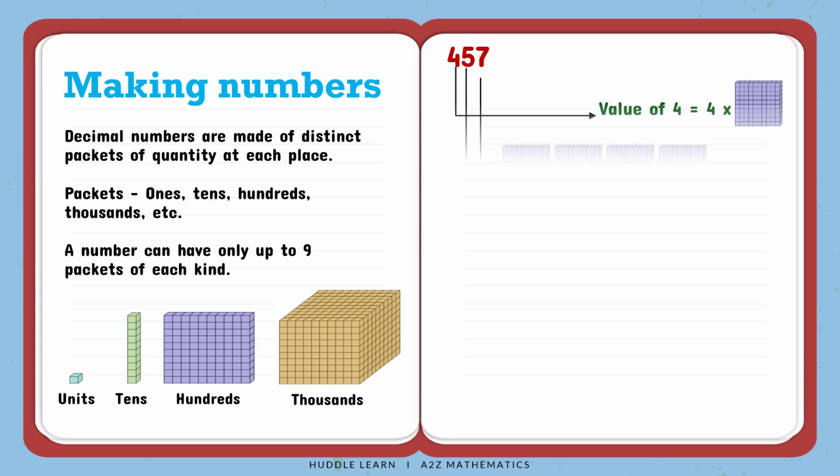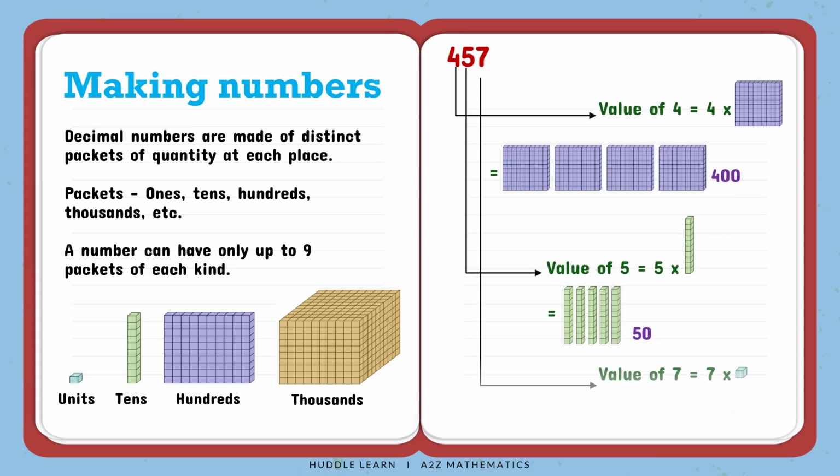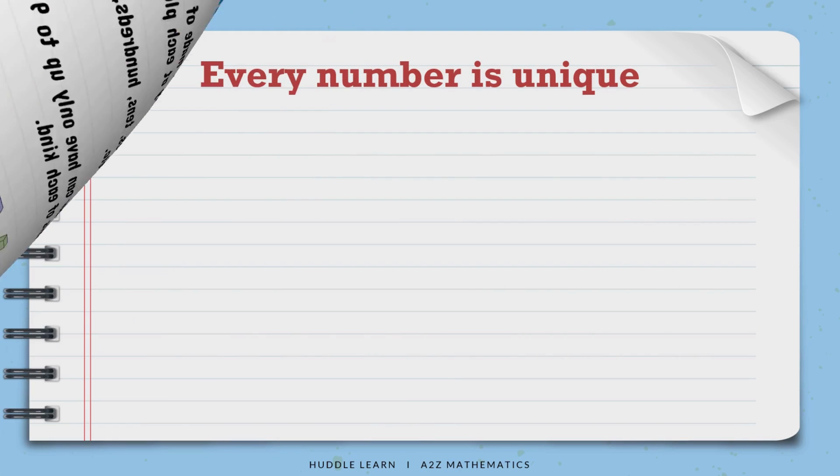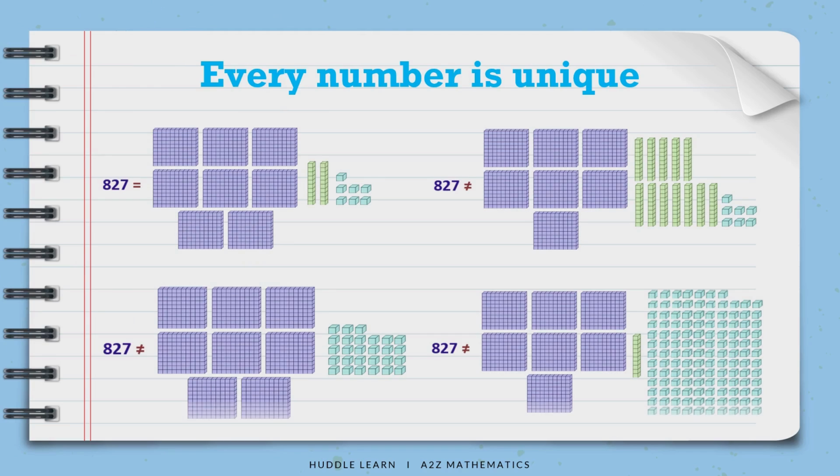For instance, the 4 from left in 457 is made of hundreds, the 5 is made of tens, and 7 is made of ones. Every number is unique and it can be written in only one way.